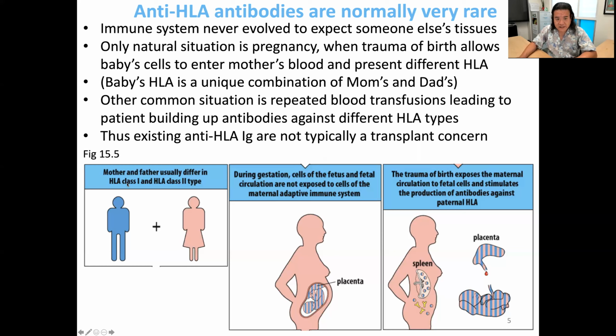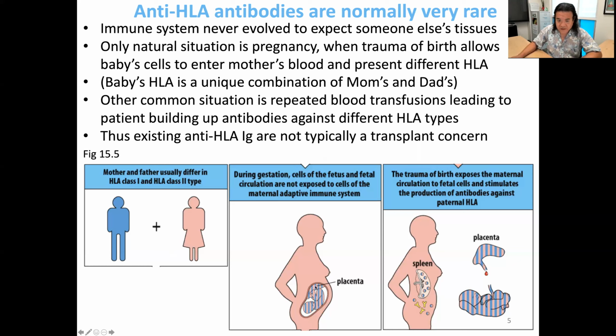If you look down at the cartoon here, mom and dad have different HLA types, based upon their ancestry, their family lines. So when they conceive a child, his or her HLA type is going to be a mix of blue and pink, because one copy of the HLA genes comes from dad, and one copy comes from mom.